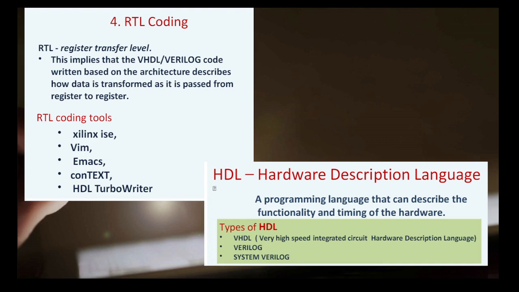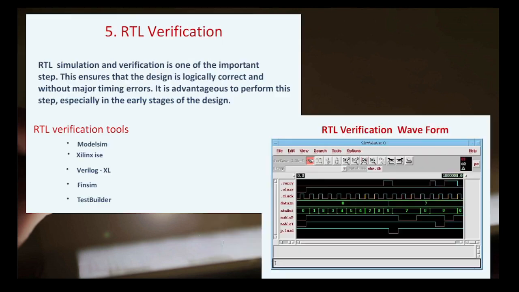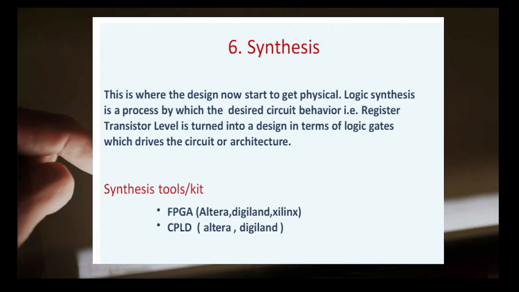The RTL coding tools are Xilinx, Vim, Emacs, Context, HDL Turbo Writer. Next, RTL verification. Once we develop the code, it has to be verified logically. Some verification tools are ModelSim, Xilinx ISE, Verilog XL, FinSim, Test Builder.